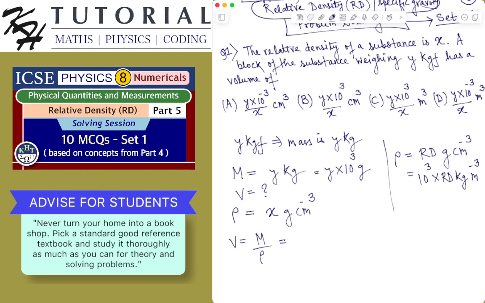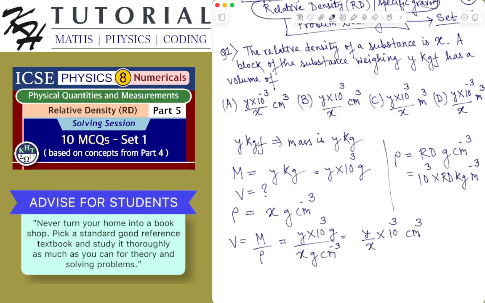This is y multiplied by 10 to the power 3 gram divided by x gram per centimeter cube. Gram cancels out, and centimeter to the power minus 3 from the denominator goes up as centimeter cube. So we have y by x multiplied by 10 to the power 3 centimeter cube.